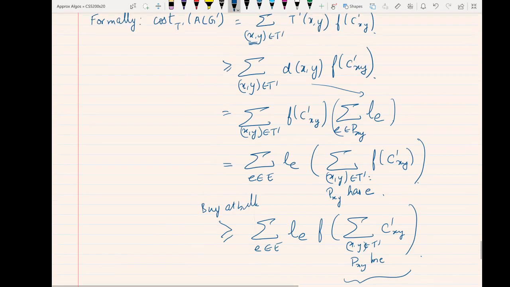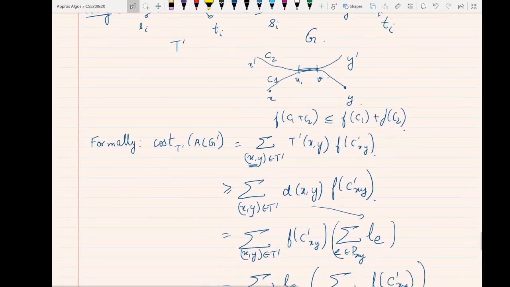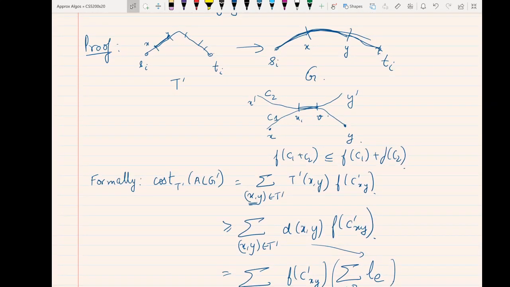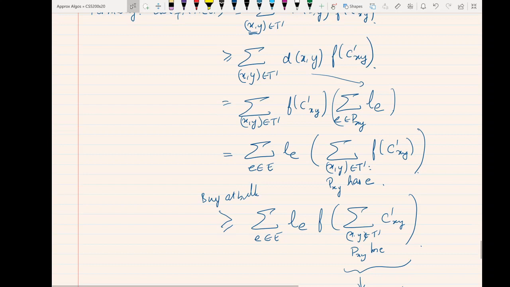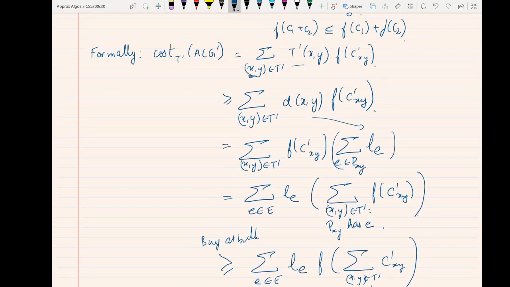So although this might seem a little complicated the way it's written out, if you think about it for a moment, it's just a simple application of the fact that you're concatenating paths together by translating them from T prime to G. And here we have used the metric property that the distances in T prime are at least the distances in G.